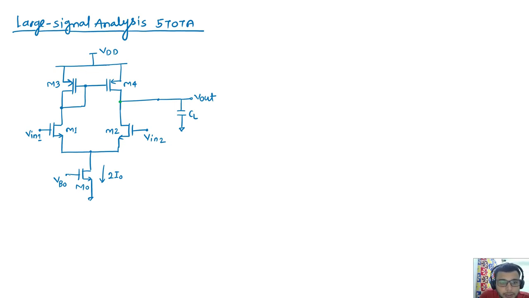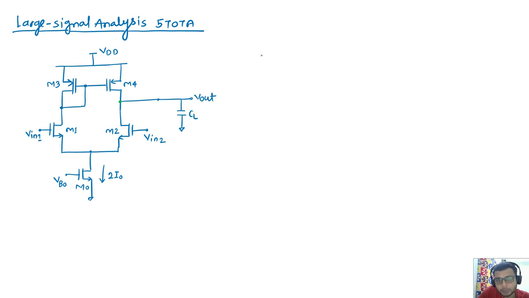Okay, so how will we proceed? This tail current source contains a 2 I naught current that we know. I should mark some numbers here, which will be easier to relate, or later I will mark the numbers for the VDD, what is the VB naught value, and what is the common mode of input.